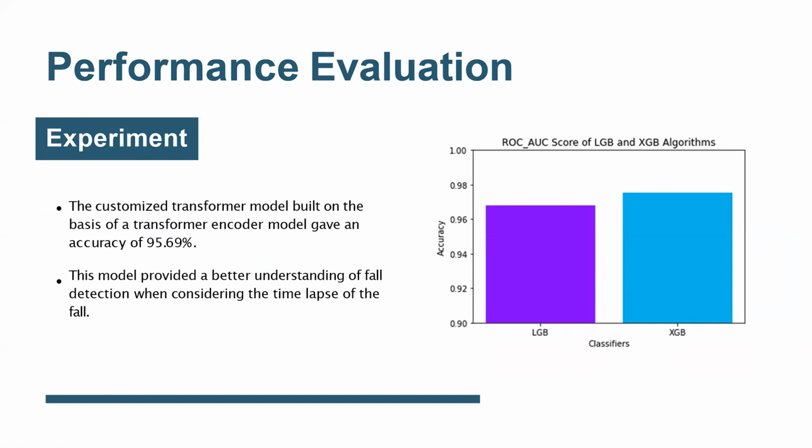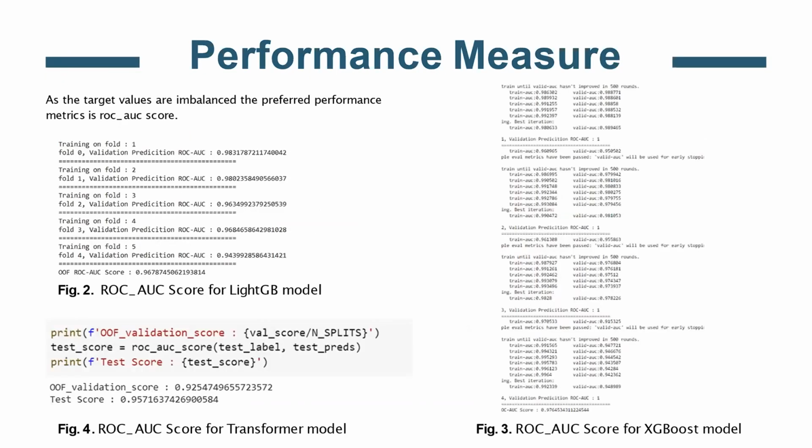In the graph, we can see the accuracy between the LightGBM and XGBoost models. Next, coming to the performance measure, as the target values are imbalanced in the dataset, the preferred performance metric used is the ROC AUC score. And these figures represent the ROC AUC score for each of the models created.